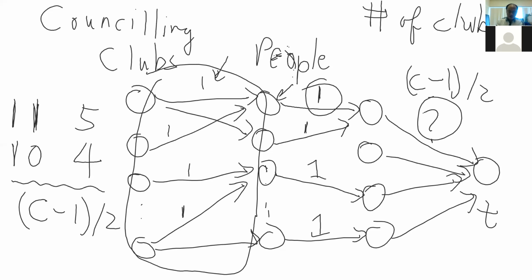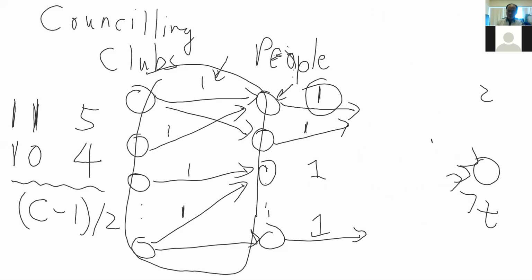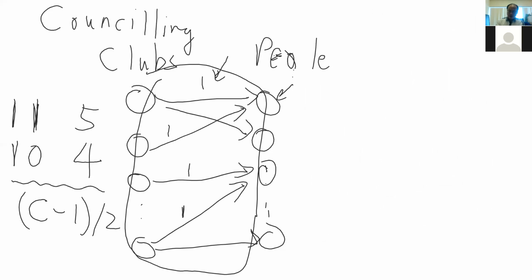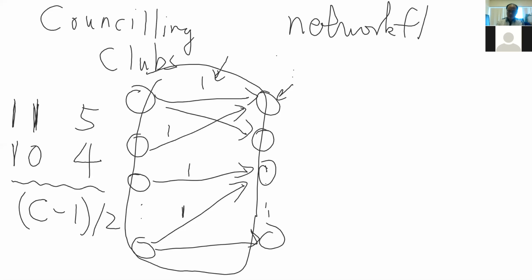If you look into my network flow code, and I'm assuming that you use networkflow.cc, if you wrote your own, then I guess you're on your own. So if you look at networkflow.cc, inside the edge structure, there are 2 things that you want to look at.